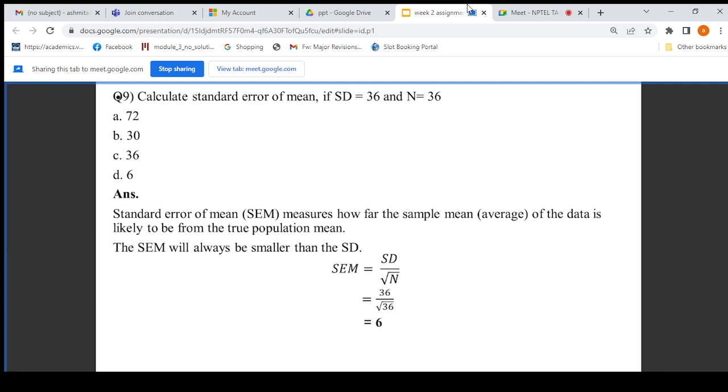Ma'am, I have a question. How can we identify whether X is an outlier or not? Okay, so as I said, Z score is the method to find whether X is an outlier or not.